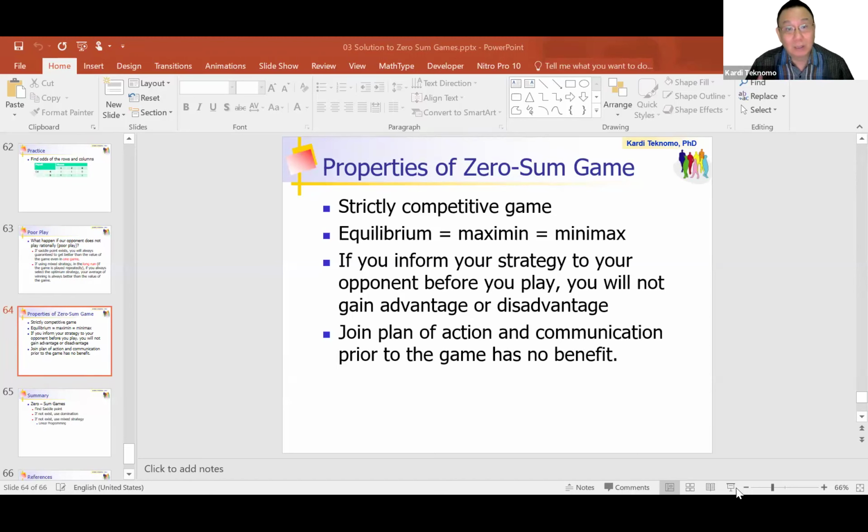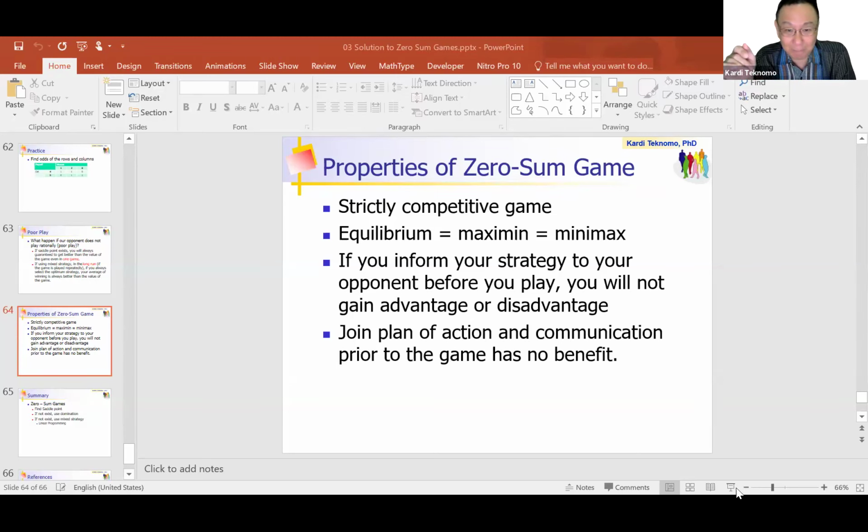Zero-sum game is a strictly competitive game. The equilibrium, the saddle point, is when the maximin equals the minimax. In a zero-sum game, even if you inform your opponent of your strategy before you play, you will not get any advantage or disadvantage. You cannot make a threat in zero-sum games.